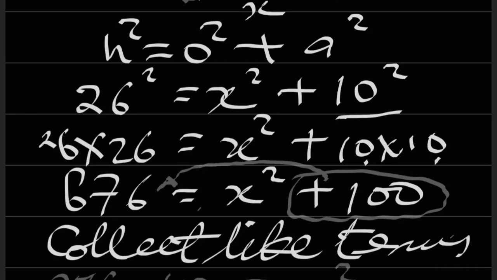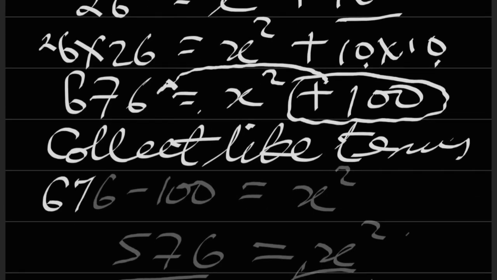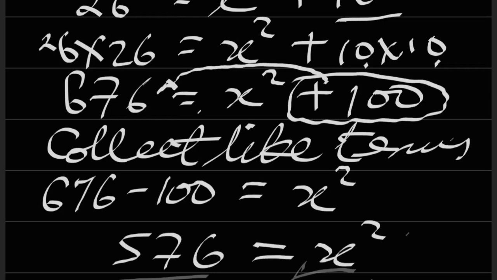This plus 100 will go to the other side, and when it moves to the other side of the equality sign, it will become negative. So we have 676 minus 100 equals x squared. 676 minus 100 is 576 equals x squared.